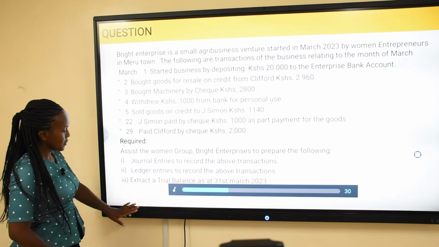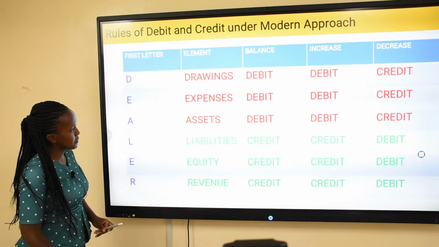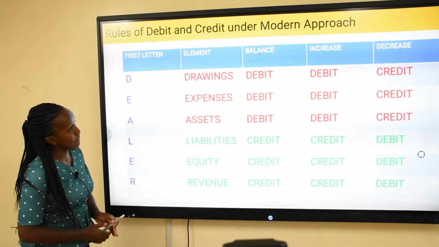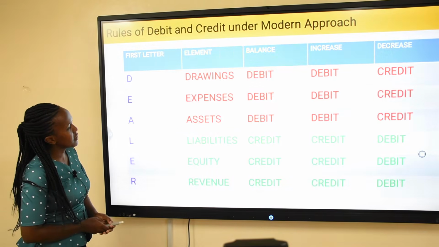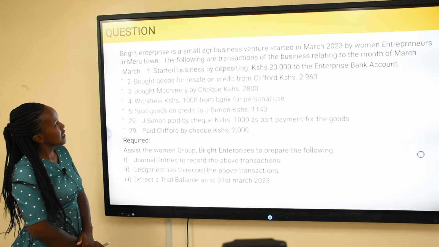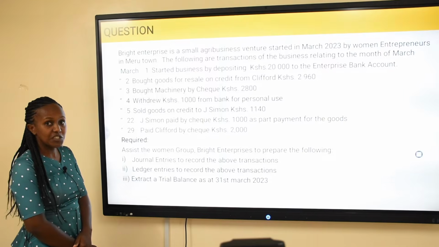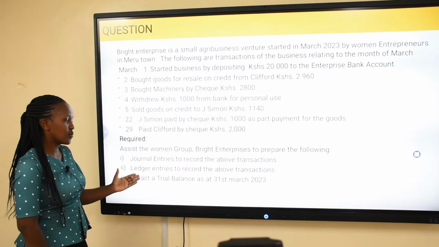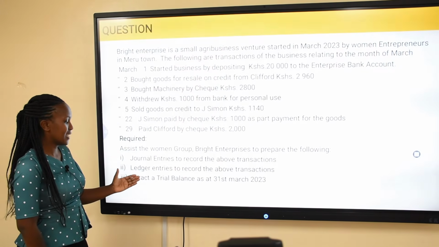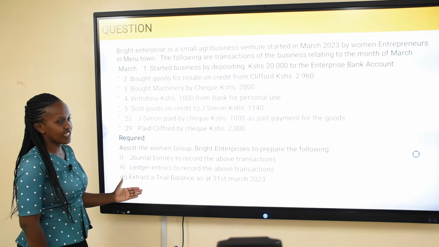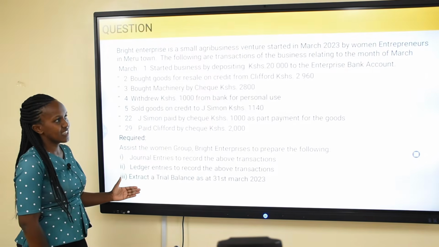We have a question here whereby it requires us to prepare journal entries. Also, we are going to prepare some ledgers, and finally we are going to extract a trial balance.